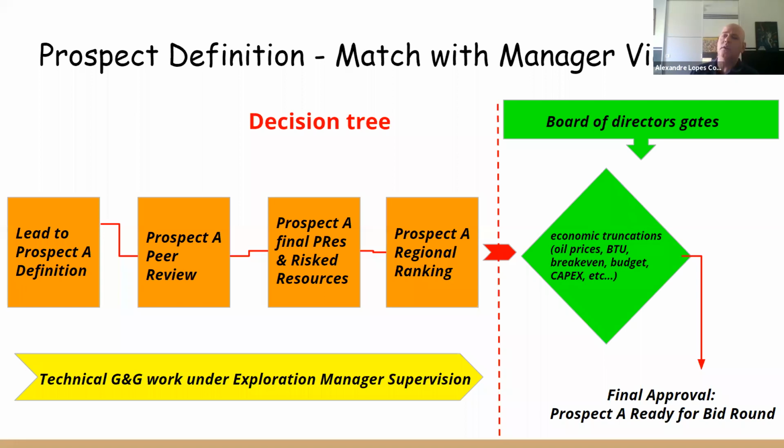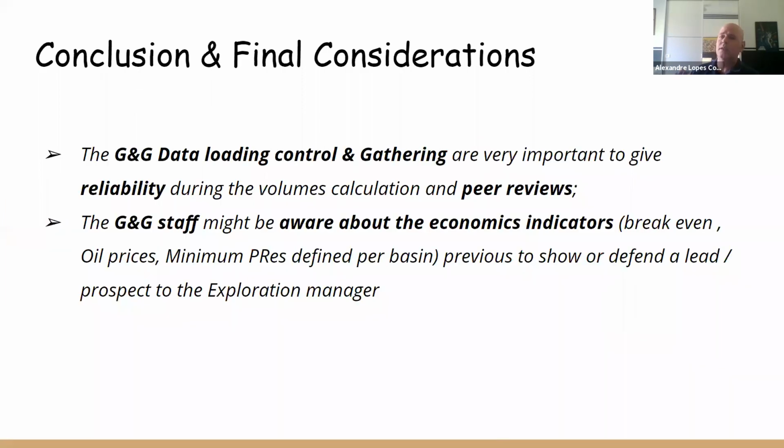And so the final conclusion is that G&G data loading, controlling, and gathering are very important to give reliability to your project and to the peer review, because if the peer review sees that you're using different petrophysical data without reference, without any confidence where the data comes from, they will penalize your prospect way more.